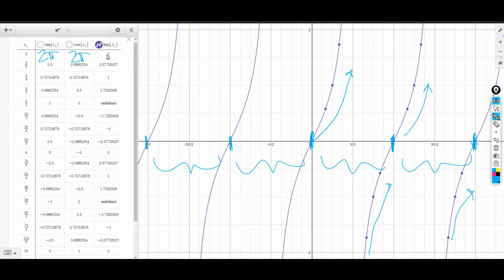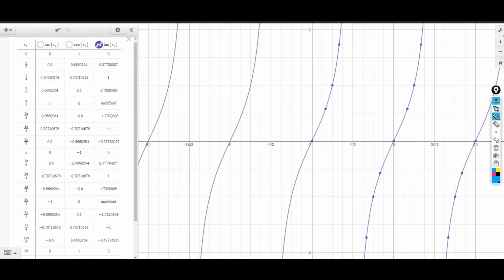Our tangent value actually repeats every pi, which hopefully you're seeing in these values here and in the table. So that's something that makes a difference in your calculations. You need less tangent calculations than you do sine and cosine.